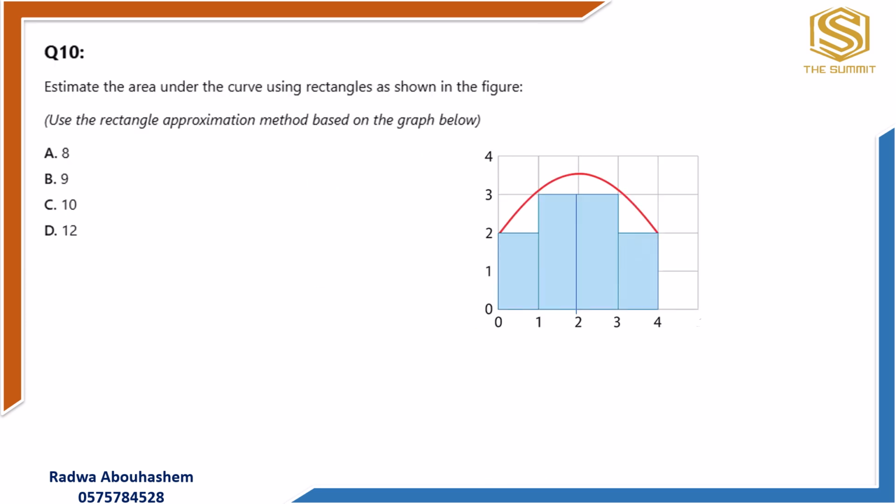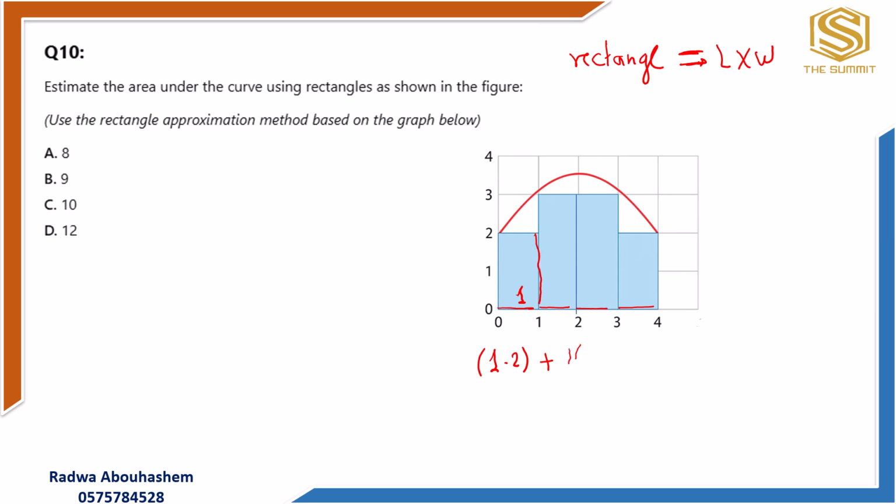Now estimate the area under the curve using rectangles as shown in the figure. So here, I just have to calculate the area of each rectangle. Here I have 1 unit times 2. So 1 times 2 plus, of course, remember the area of a rectangle is length times width. Here the width is 1 every time, and here is the length.